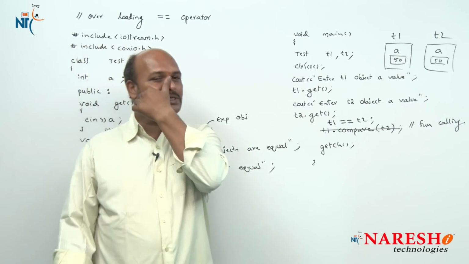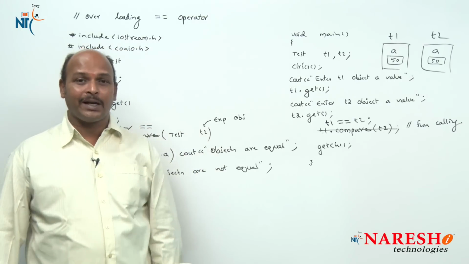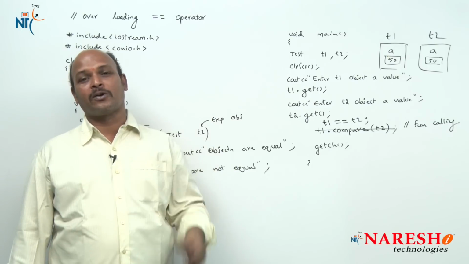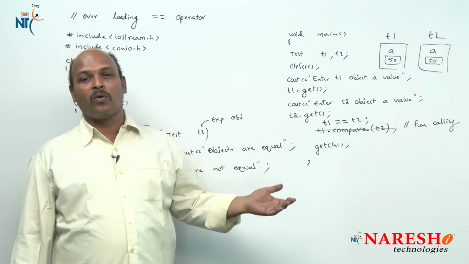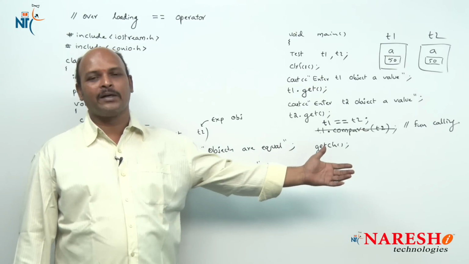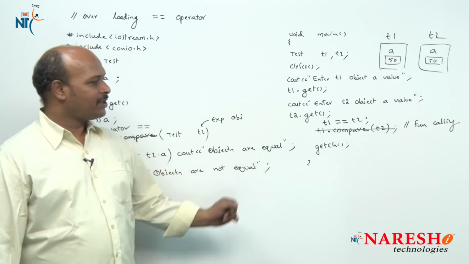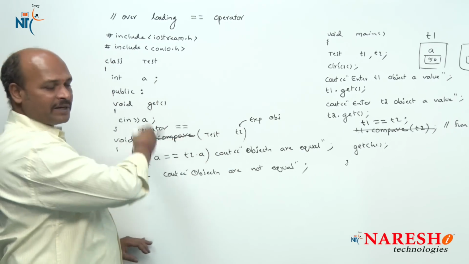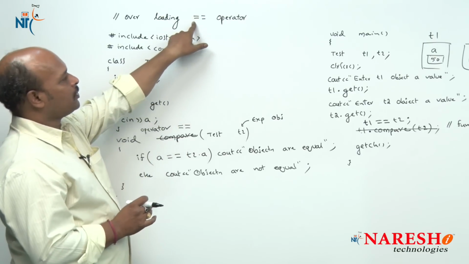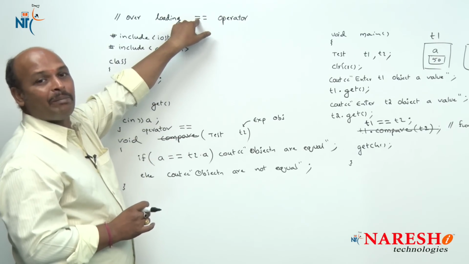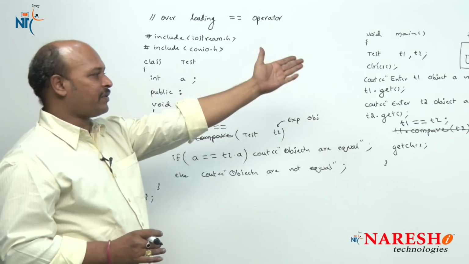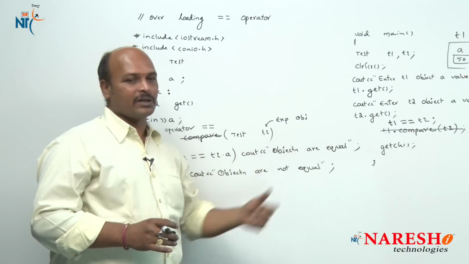Existing operators can operate on predefined data types, but using the operator overloading concept we can overload the same operator, so we can work with user defined data types also. This is how to overload an operator, and in this example I have covered how to overload the double equal or comparison operator. It gives the answer for 50 and 50, the same objects are equal.